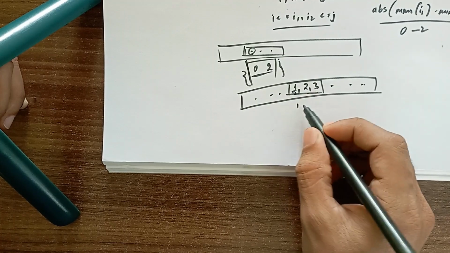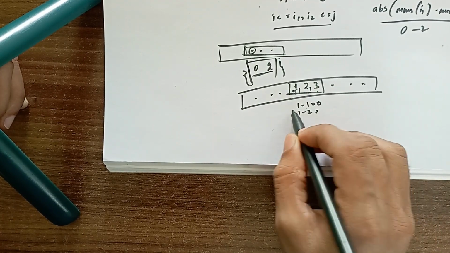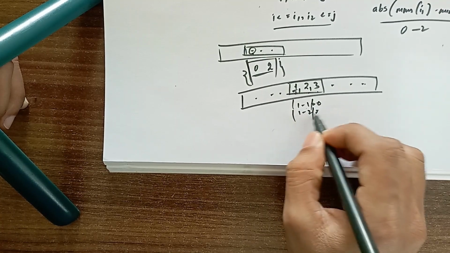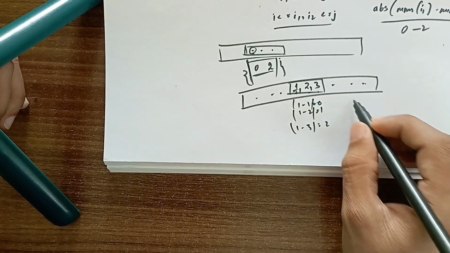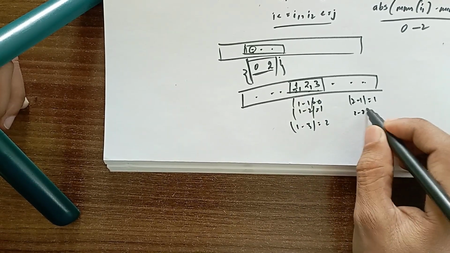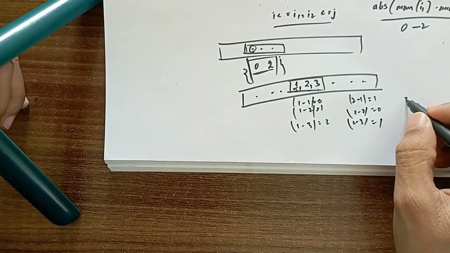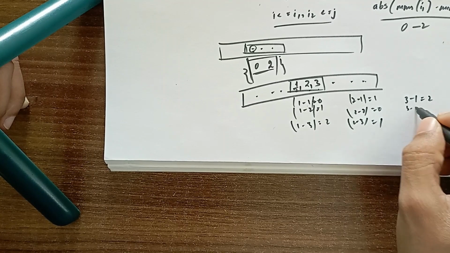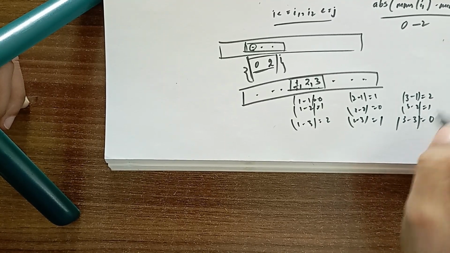Now take 1. 1 minus 1 is 0. 1 minus 2, with absolute difference, is 1. 1 minus 3 is 2. Now take 2. 2 minus 1 with absolute difference is 1. 2 minus 2 is 0. 2 minus 3 is 1. 3 minus 1 is 2. 3 minus 2 is 1. 3 minus 3 is 0.